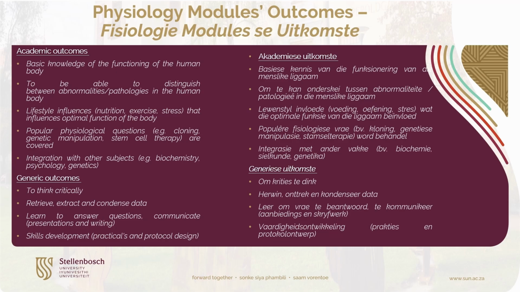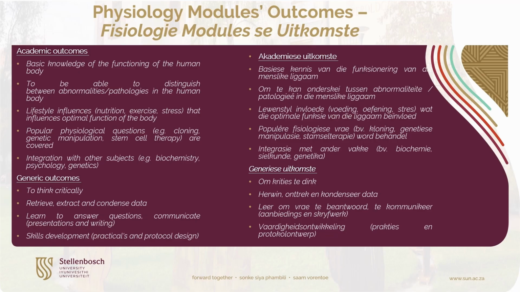So what are the physiology module's outcomes? There are 2 different types of outcomes. We first look at academic outcomes: basic knowledge of the functioning of the human body, to be able to distinguish between abnormalities, pathologies in the human body, and lifestyle influences, nutrition, exercise, stress that influence optimal function of the body.